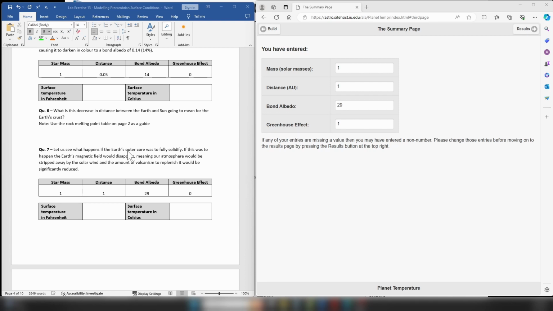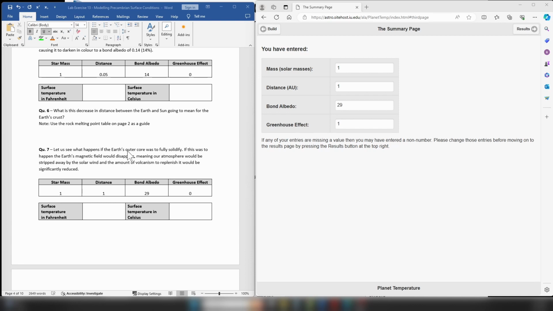Once the outer core solidifies, all of that convection, which produces the magnetic field, stops. And so you end up with a situation where your magnetic field is gone. There's nothing protecting your atmosphere from the solar wind coming off the sun, and the solar wind begins to degrade your atmosphere.